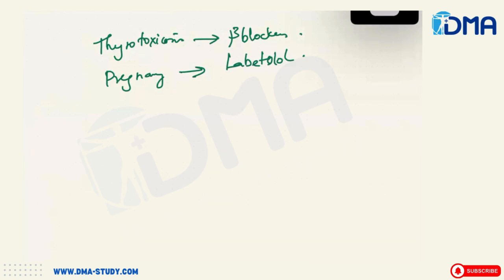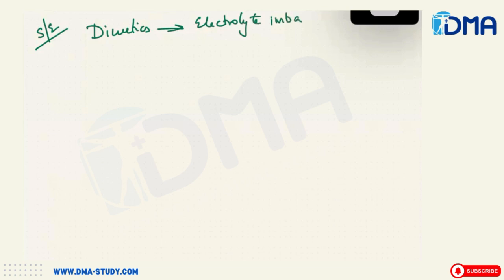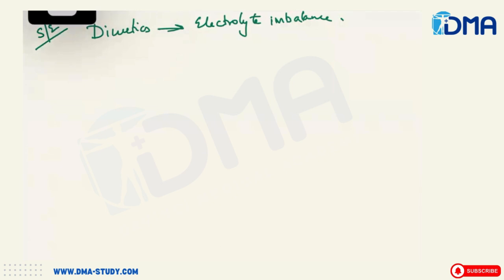Then these antihypertensive drugs have common side effects. What is the side effect of diuretics? Electrolyte imbalance. They wash out the sodium, and there are high chances of hyponatremia in these patients. How about beta blockers?